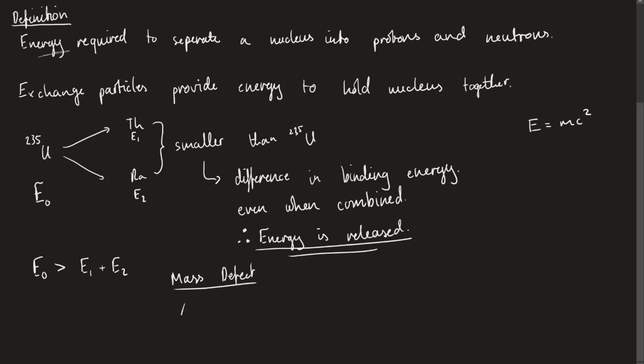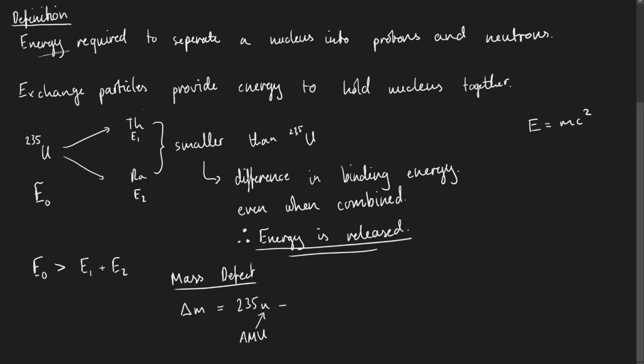So this is the change in the mass, which is just the total mass of the original nucleus, which would be 235 times u, where u is the atomic mass unit. And then we're going to minus the total masses of these two combined.